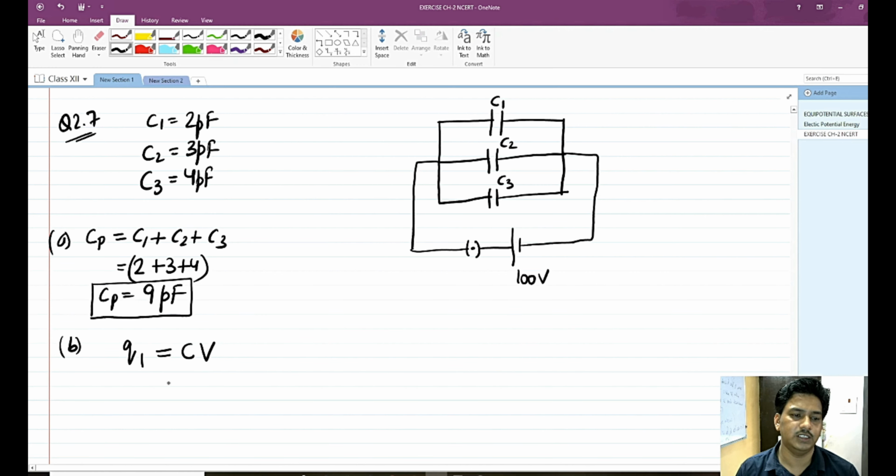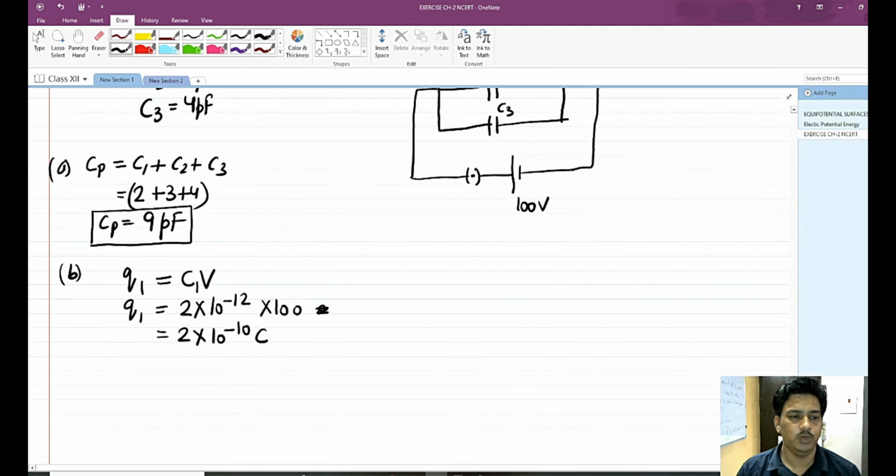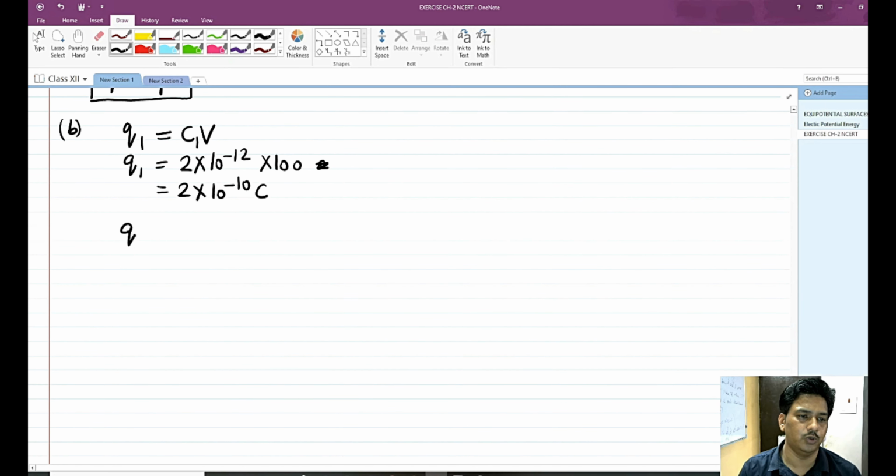So Q1 is equal to C1 into V. C1 is 2 picofarad, that is 10 to the power minus 12 farad, and the value of potential is 100. So we can write it as 2 into 10 to the power minus 10 coulomb. Similarly, we can calculate the charge Q2 and Q3.